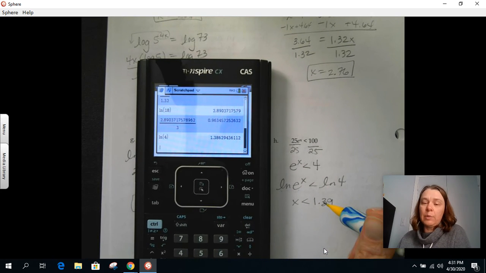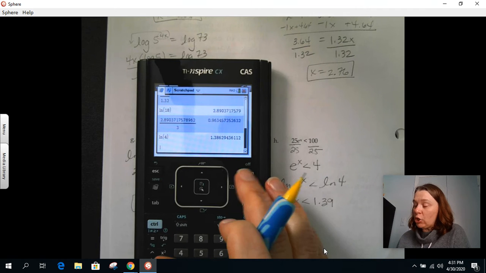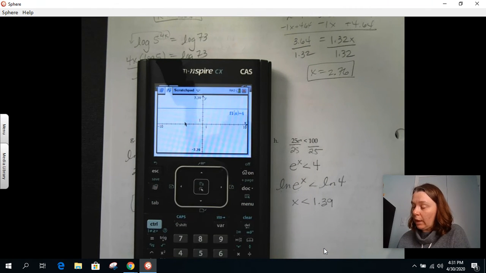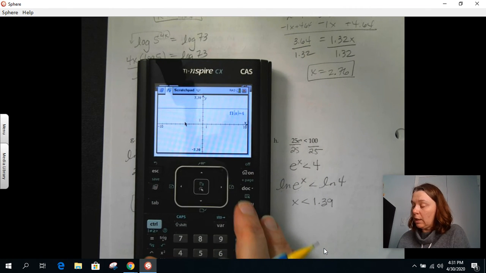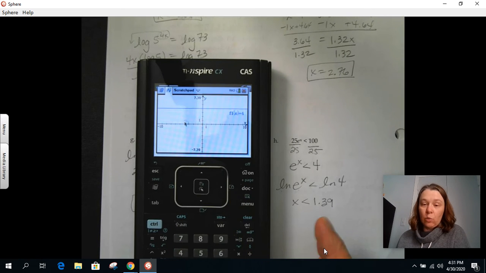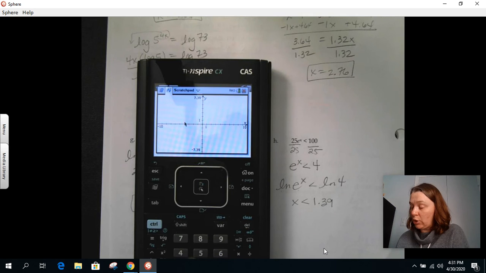Now, there are some times where the inequality might change. To know if that happens, what you really want to do is almost graph both sides of the equation just to double check. It does sometimes switch.